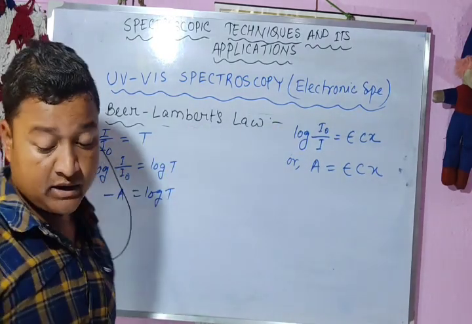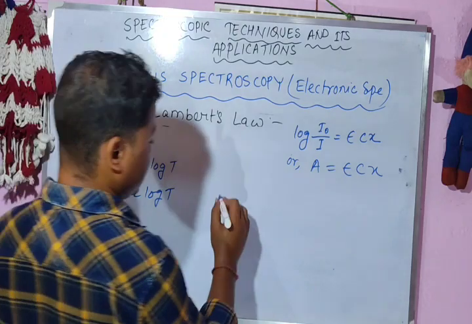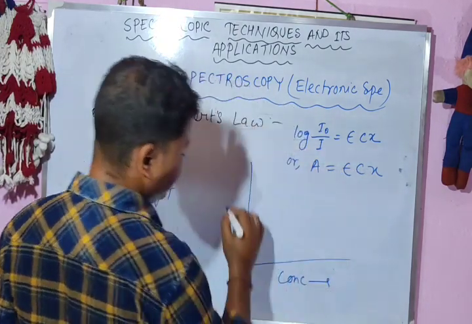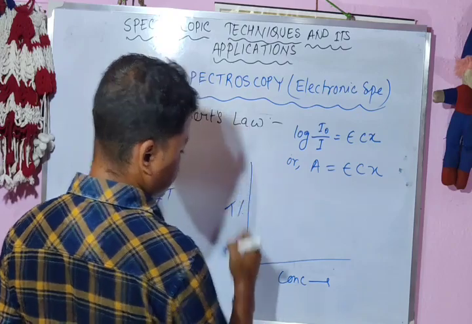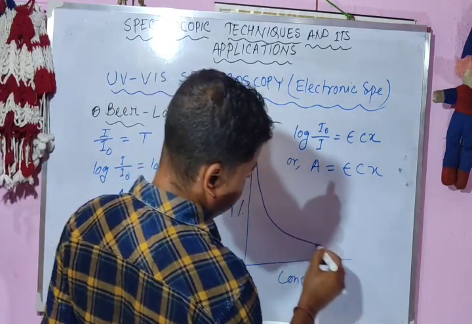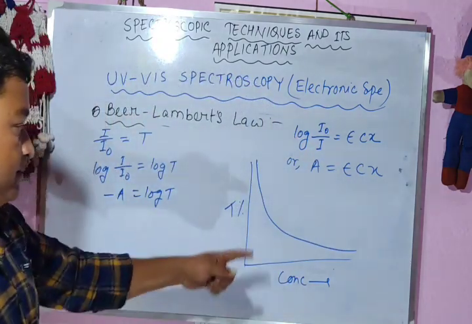And if we plot percentage of transmittance versus concentration, then we find an exponential curve.